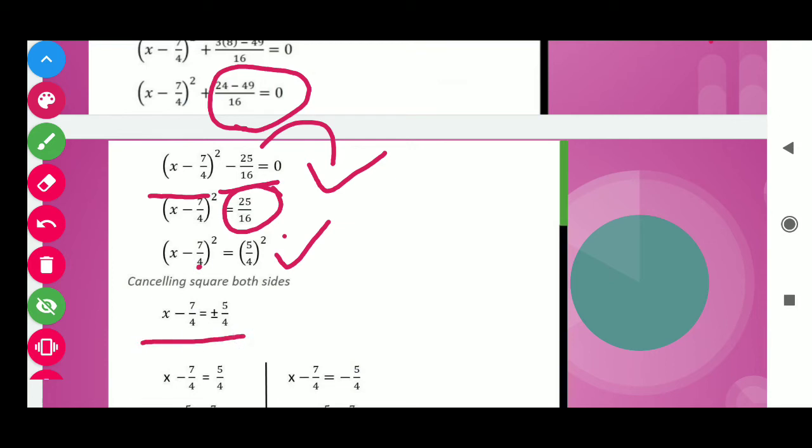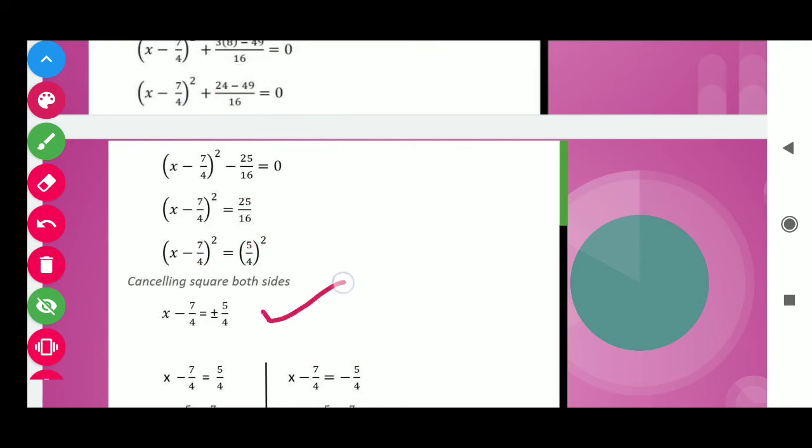But students, आप एक बात notice करेंगे, whenever we cancel out the squares, we will apply plus minus sign in the right hand side. So in this way, we will write this one, x minus 7 over 4 as it is, copy down, 5 over 4 copy down, apply here plus minus sign. First we take positive, then we take negative sign.